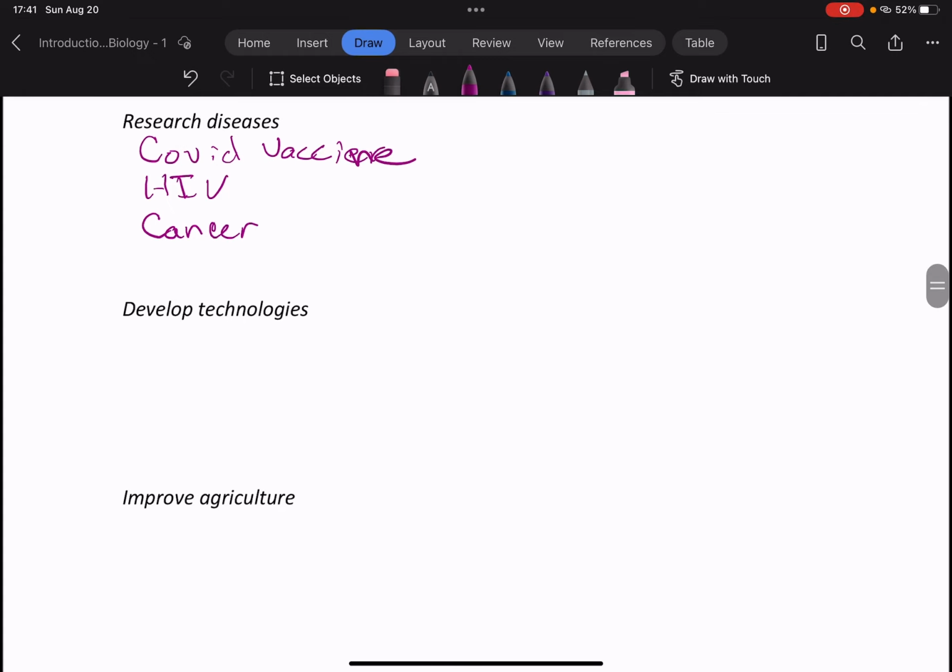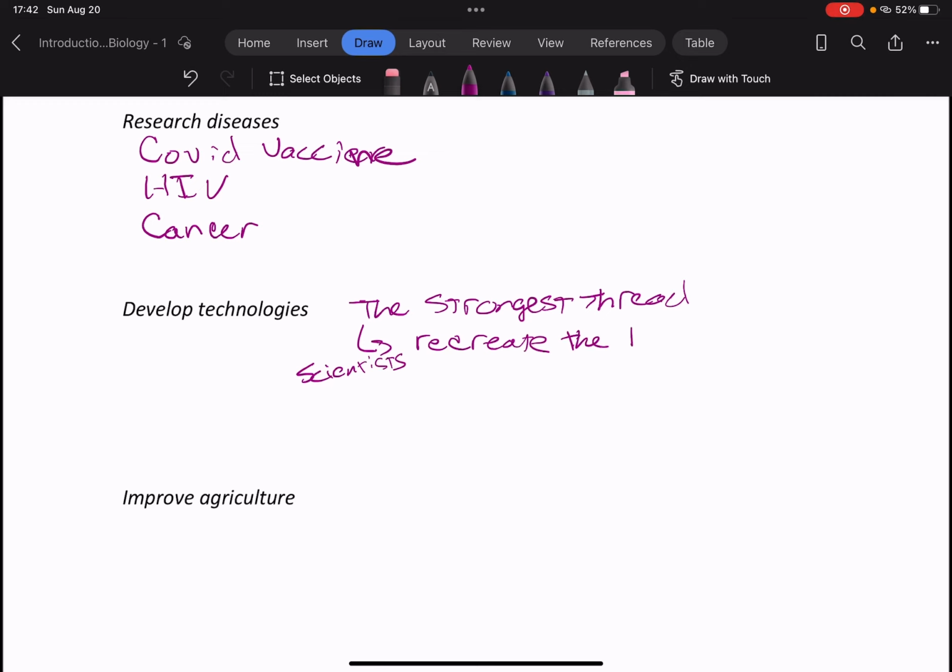Technologies. One thing I like to look at is spider silk. There is a certain spider, I forget what it's called, that has the strongest thread, and scientists are now trying to recreate it in mass.